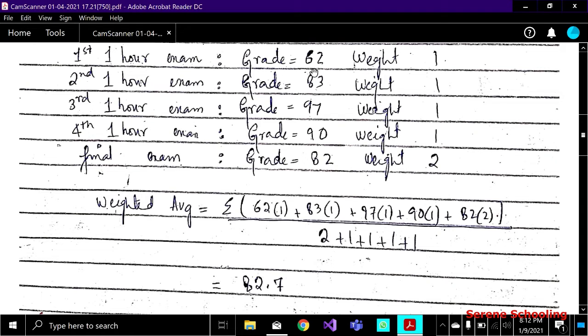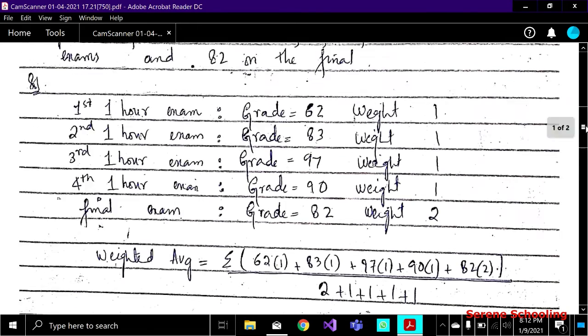So this is our x, this is our w, plus, because we have to take the sum, right? Sum of all xw's. So second x, its weight, third value, its weight, another value and its weight. This is how we solve it, x into w plus second x into w, and like this.